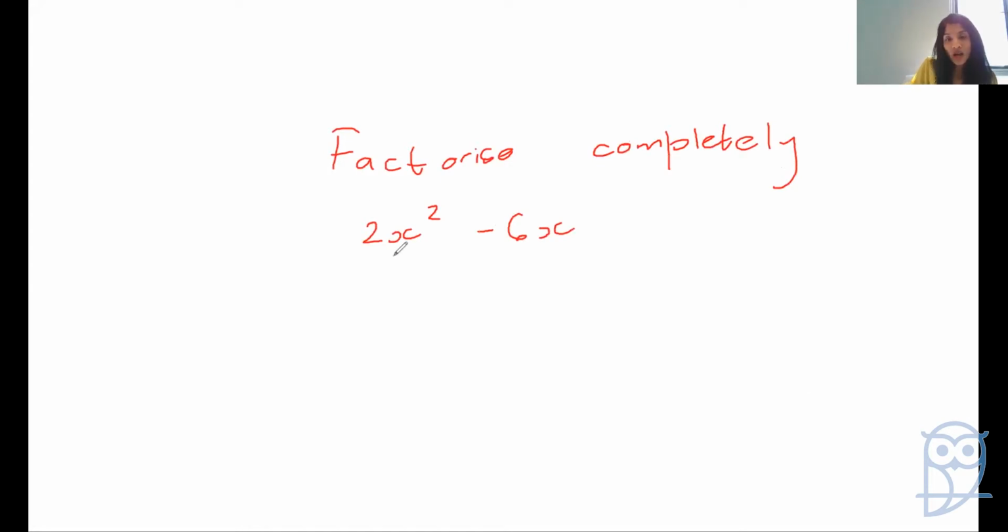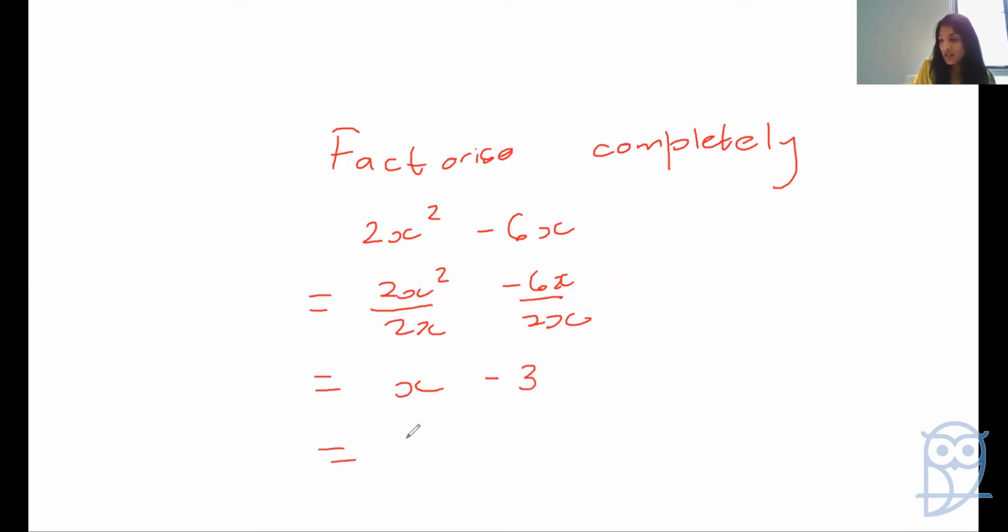So our equation becomes 2x² over 2x minus 6x over 2x. And here it becomes x minus 3. Your final answer becomes 2x(x minus 3). That's how we factorize completely.